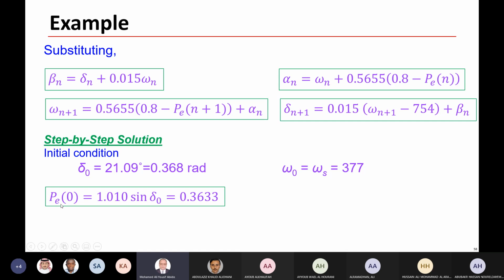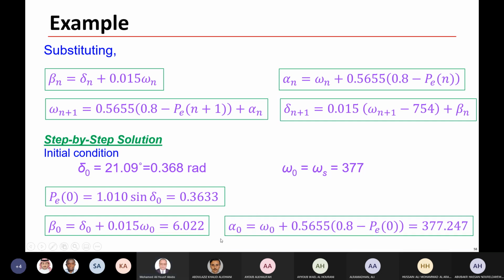So you can write here Be of 0 equal to this value initially, and beta 0 equal to delta 0 plus omega 0, where omega 0 equal to 377. So these are the calculation of beta 0 and alpha 0. Alpha 0 equal to omega 0 plus this value multiplied by E of 0, which gives you this.